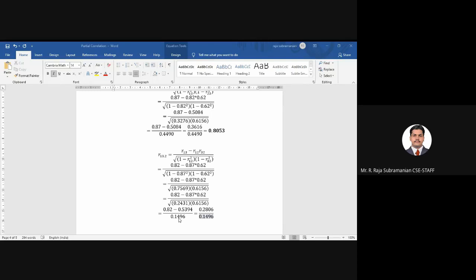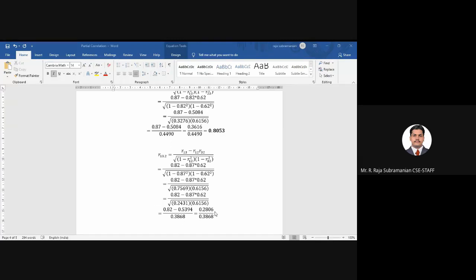0.2431 into 0.6156. Taking the square root, 0.386. 0.2806 divided by 0.386, 0.7254.